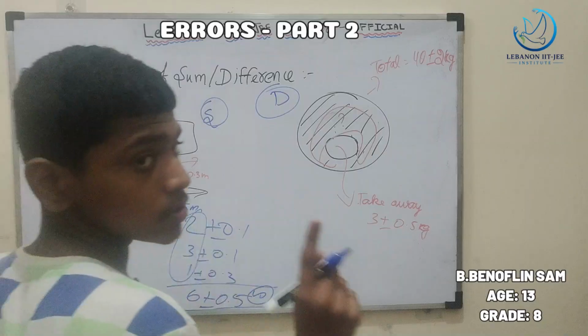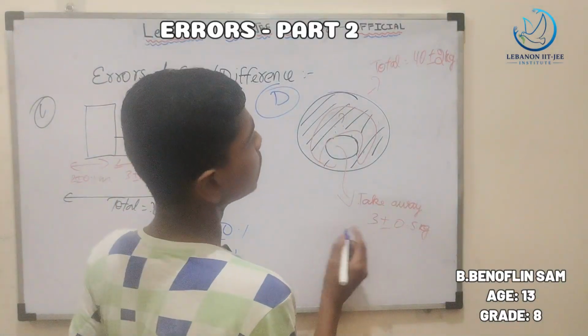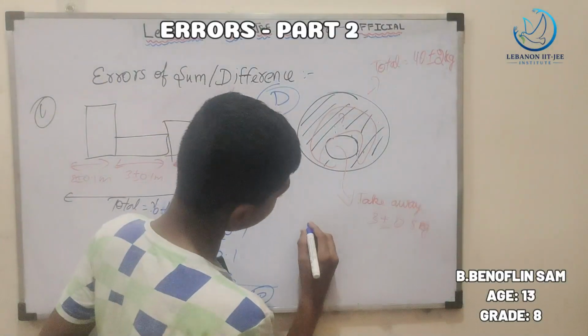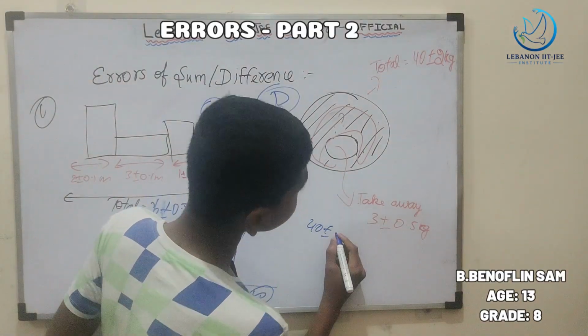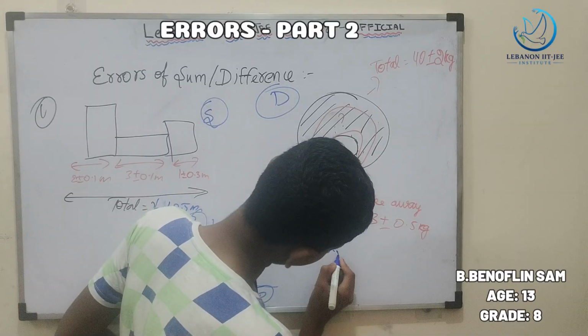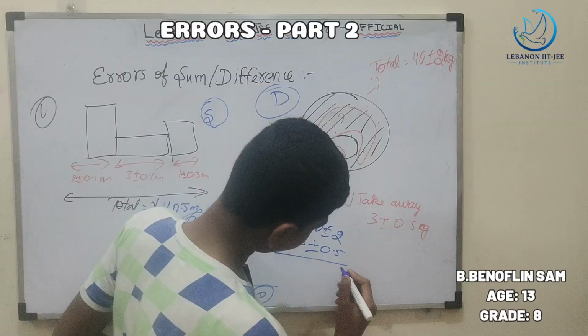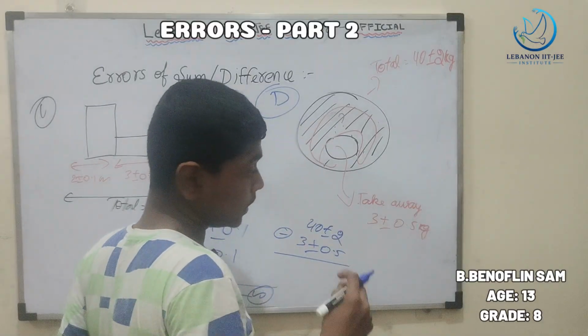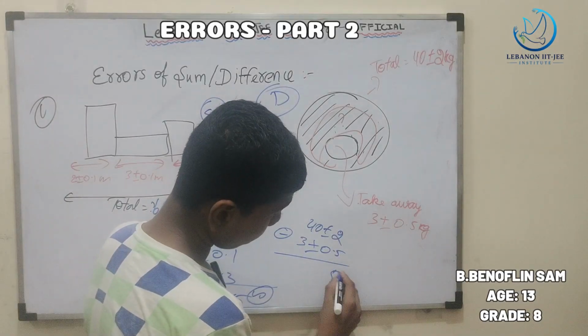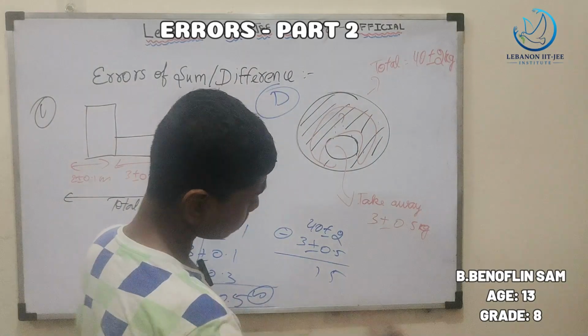But most people fail this one, so I'll teach you. You have to subtract this from this one. So it equals 40 plus or minus 2 minus 3 plus or minus 0.5. The problem is they will do it like this, but it's wrong.